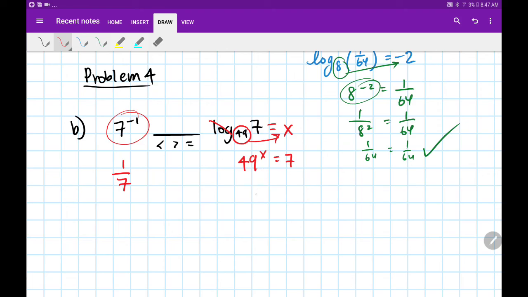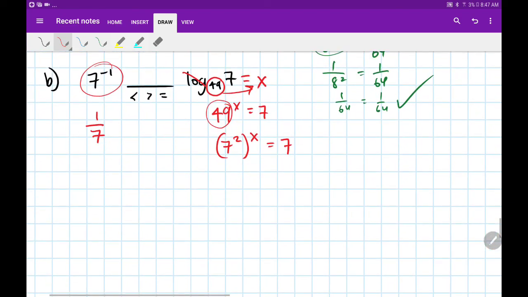I'm going to get a common base. So on the left, I'll rewrite 49 as 7 squared. And this would be 7 on the right. Hey, when we have an exponent to an exponent, remember we multiply, we distribute. That's 7 to the 2x equals 7. And now that we have the same base, we'll cross them out and set our exponents equal.